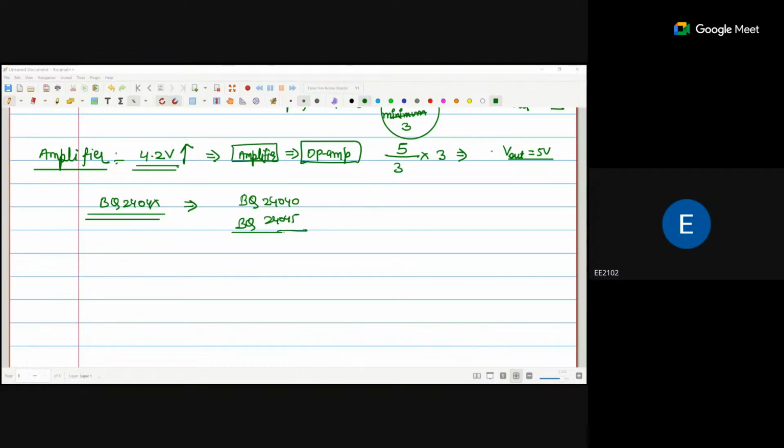Lithium ion is fine for mobile phones, fine for earbuds, but for e-vehicles we are generally using the lithium polymer battery, LiPo battery. Now the problem with the lithium polymer battery is that you require a charger adapter for that. You can't charge it anywhere. A lithium ion battery you can charge anywhere, no issue.